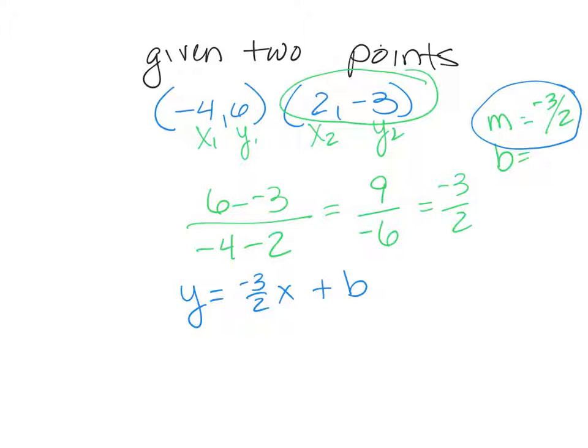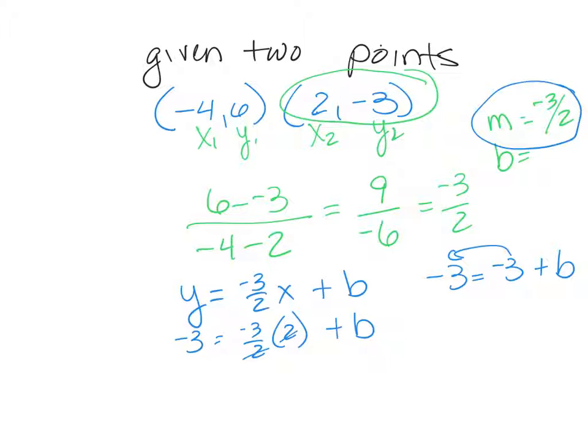So we put in negative 3 equals negative 3/2 times 2 plus b. These two happen to cancel, but you can use your calculator. And you have negative 3 equals negative 3 plus b, right? And when we add 3 to both sides, we get 0 equals b.